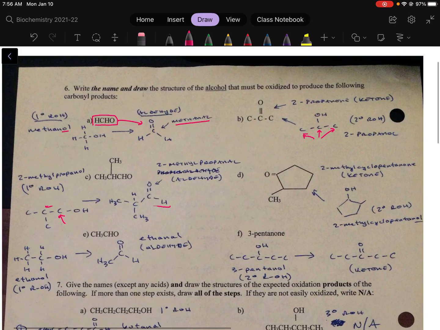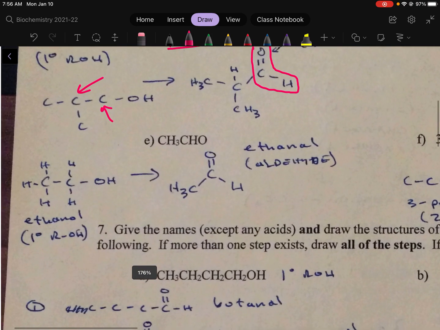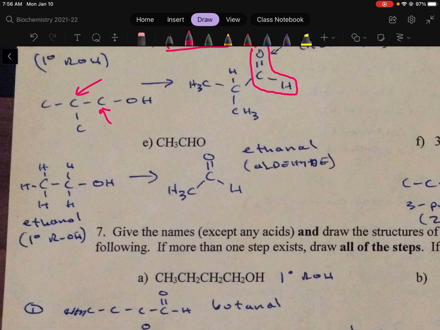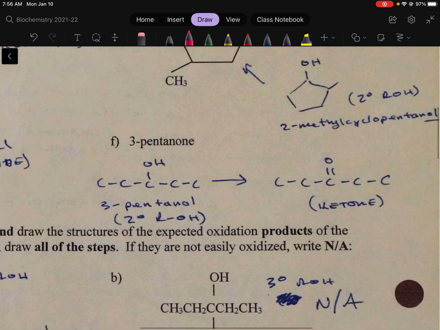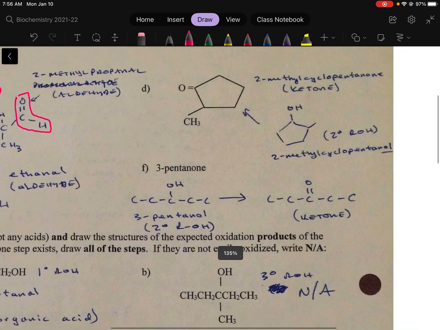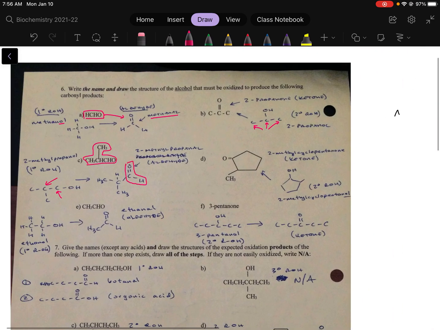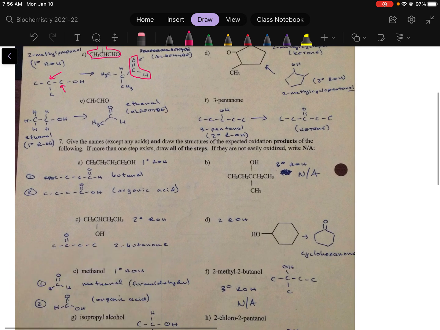Again, draw out the structures and then backwards engineer the alcohol from whence it came using that pattern of reactivity. And again, feel free to pause the video at any time if I'm going too fast here. 3-pentanone from 3-pentanol.